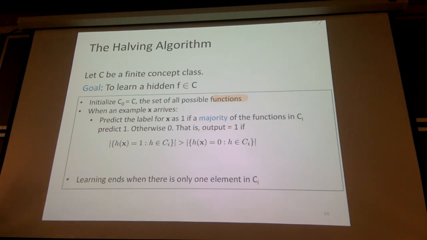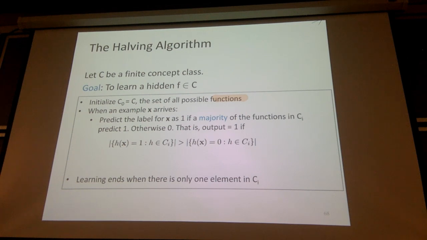What halving does is it takes all the functions, and every single one of them gets a vote on whether the label should be plus or minus. If a majority of the functions in the current set say plus, or 0 or 1, let's say, if the majority of the functions say 1, it says 1. If a majority of the functions says 0, it says 0.